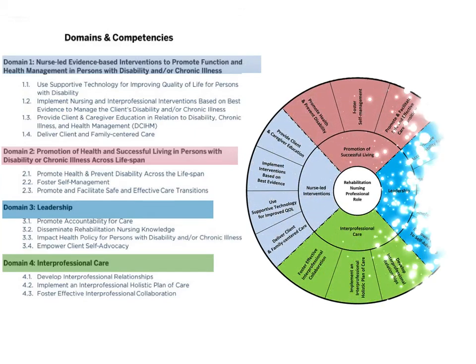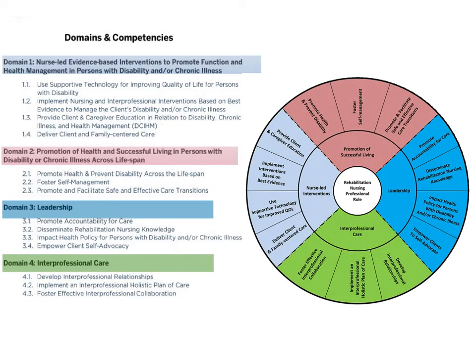So, in the competency model for rehabilitation nurses, there are 4 domains, which include the nurse led evidence based intervention to promote function and health management in persons with disability and or chronic illness. The second domain is the promotion of health and successful living in persons with disability or chronic illness across the lifespan.